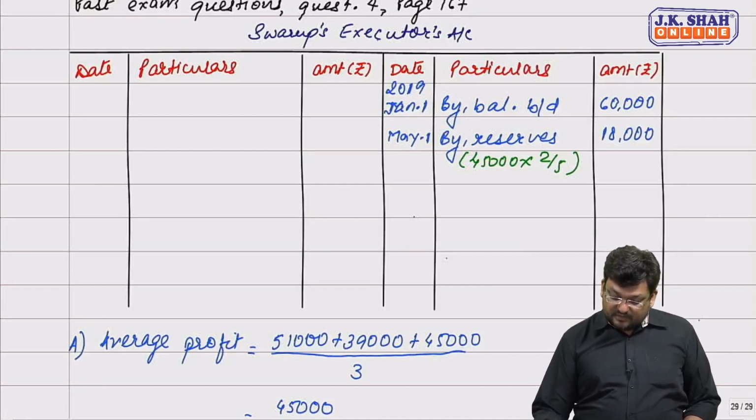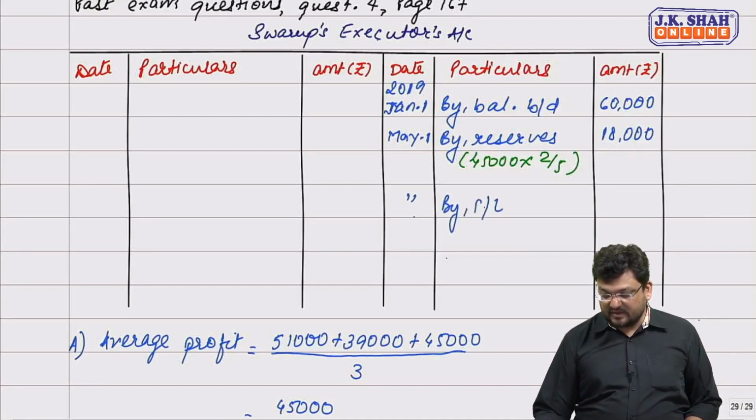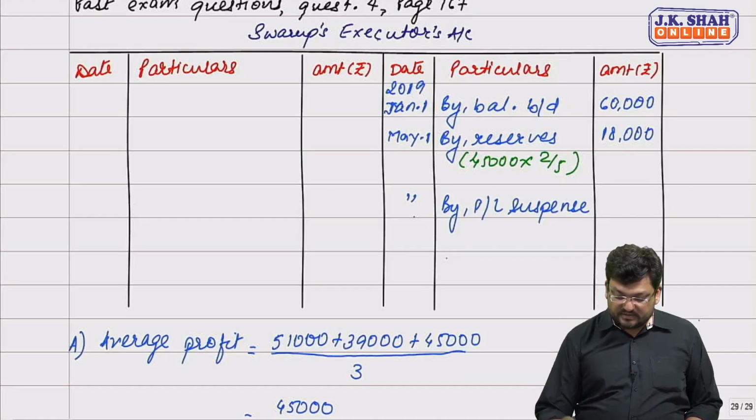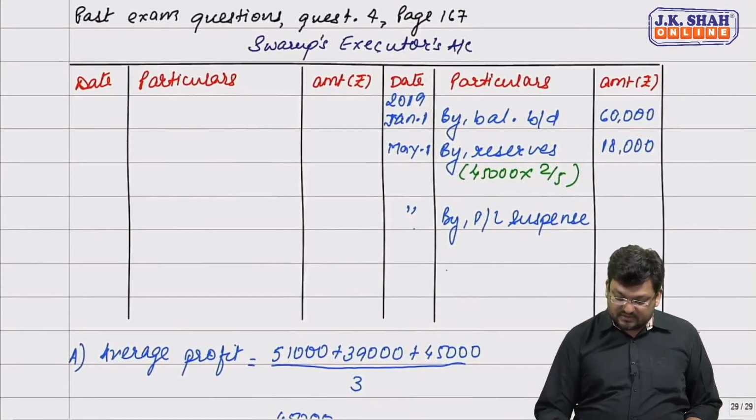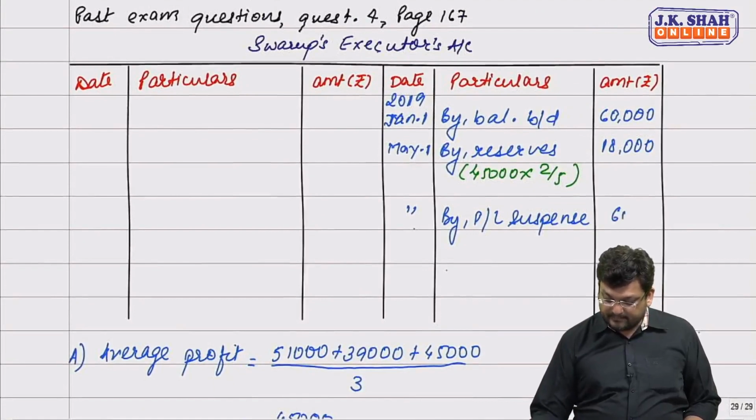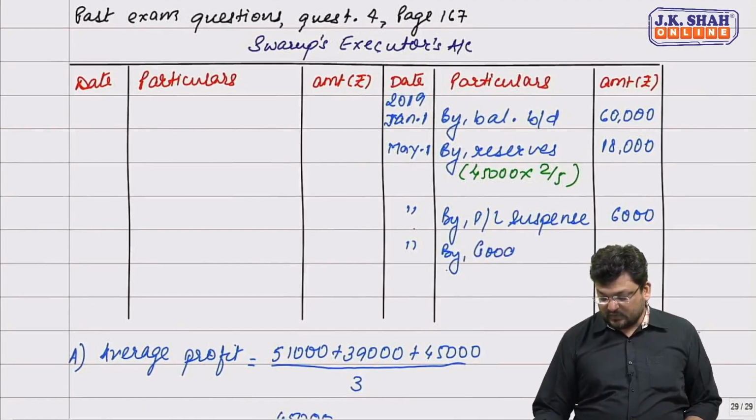Then his share in profit up to date of death. Entry for that will be P&L suspense to Swaroop's capital. That is 6,000, friends. And finally his share in goodwill. Goodwill to Swaroop's capital. His share in goodwill came to 54,000.